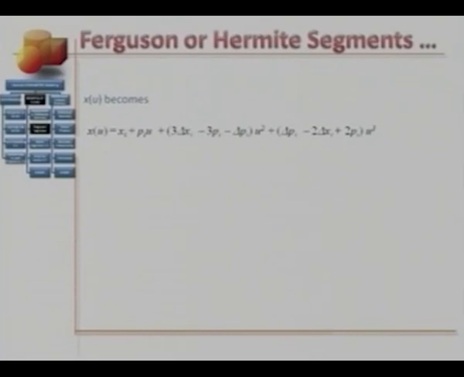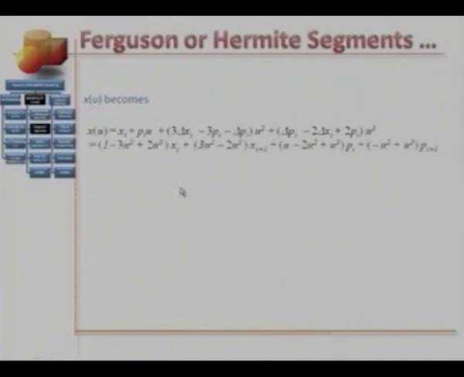We can think of rearranging the right hand side here so that we can group all terms involving u and all terms involving x's and p's, the geometry that the designer had specified.